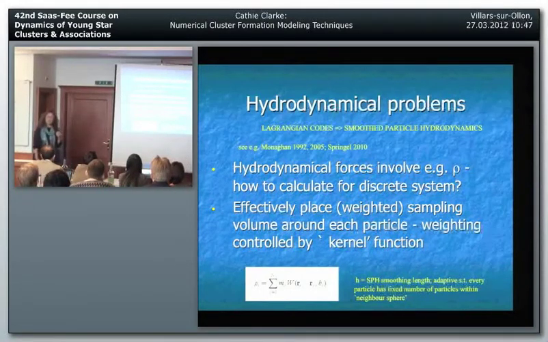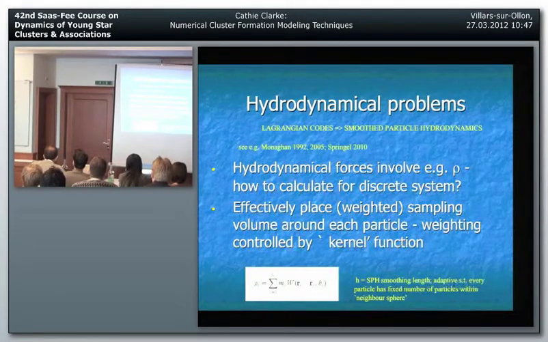Quite a lot of what I'll be showing you will be with SPH, so I'll go into a little more detail about this SPH method, which is a Lagrangian code, of course. But as I say, more recently, AMR codes have developed terrifically, and later on I'll be indiscriminately showing results from both.